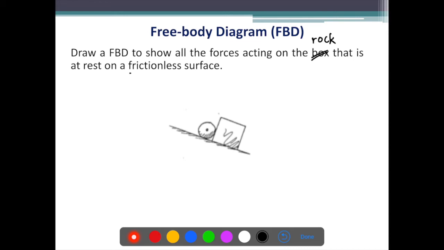Okay, so frictionless surface means that there is no frictional force. Right? So we do not have to include frictional force in our diagram. Okay, can you think of one force that's acting on the rock?